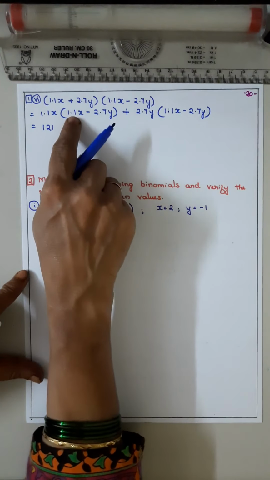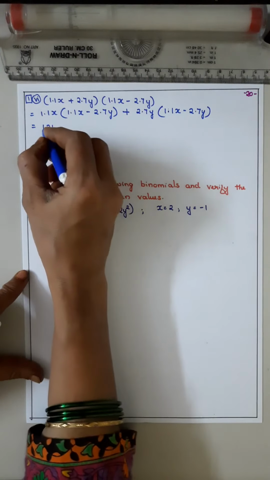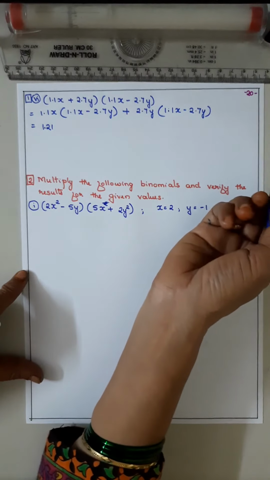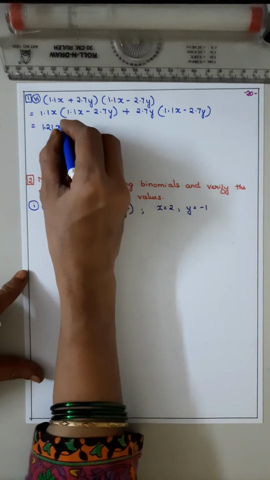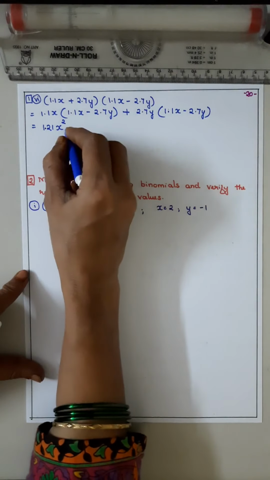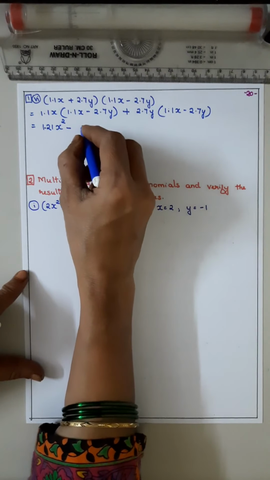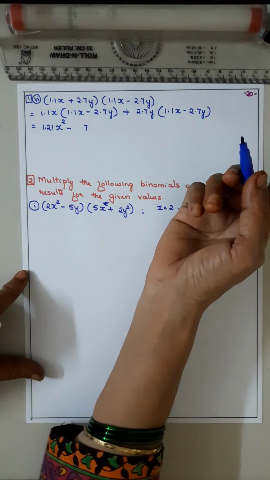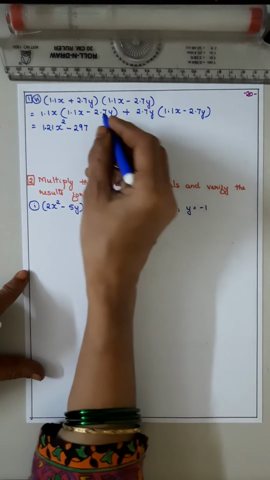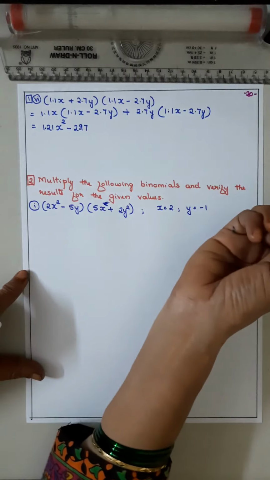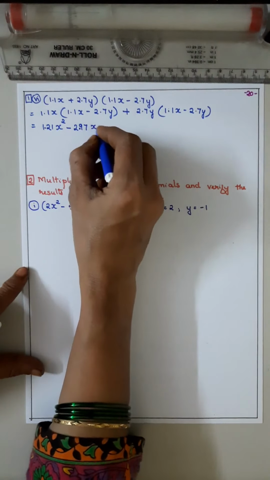But now it is 1 decimal, 1 decimal, so when you multiply, it is 2 decimal. So 1.21 x squared. Minus, now 11 7s are 77. 11 2s are 22 plus 7, 29. Again it is 2 decimal, so it becomes 2.97 x and y.